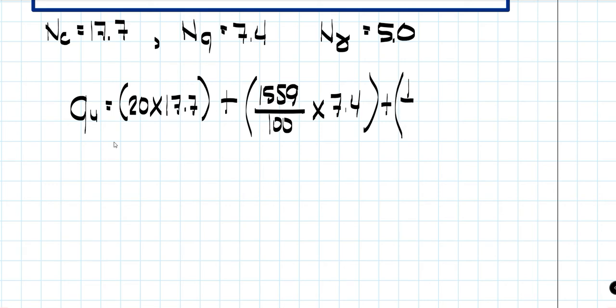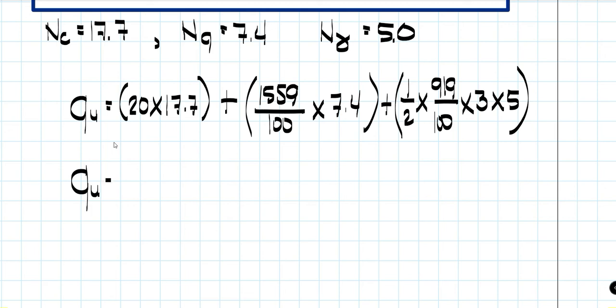So, that will be 1/2. Our gamma will be 919 over 100 times yung B natin which is 3 and our N gamma which is 5. So, our QU now will be equivalent to a value 538.291 kilopascal.